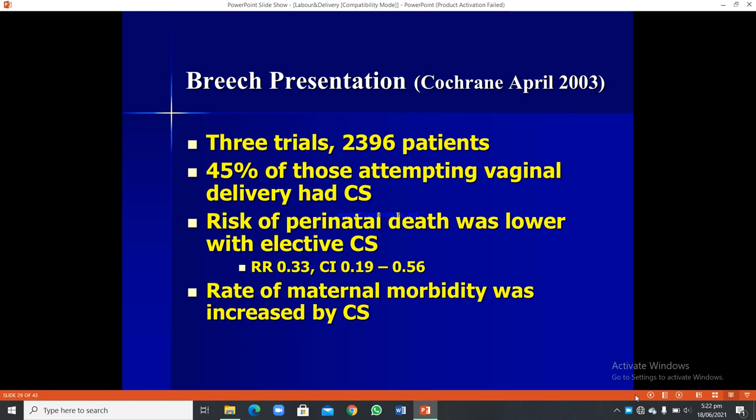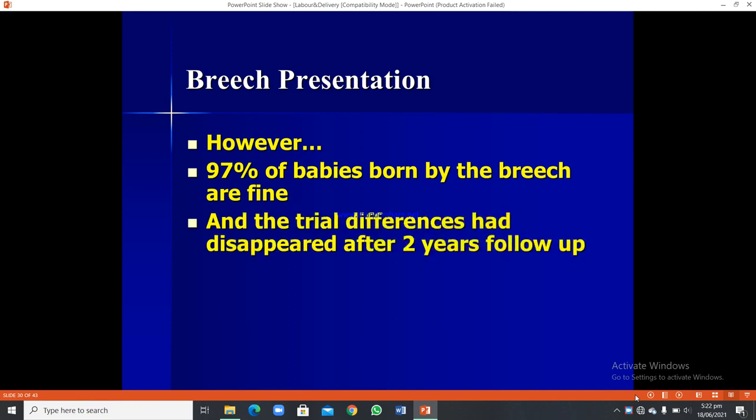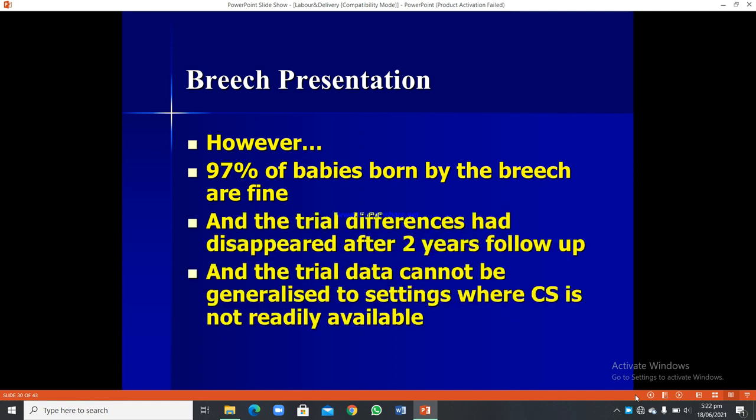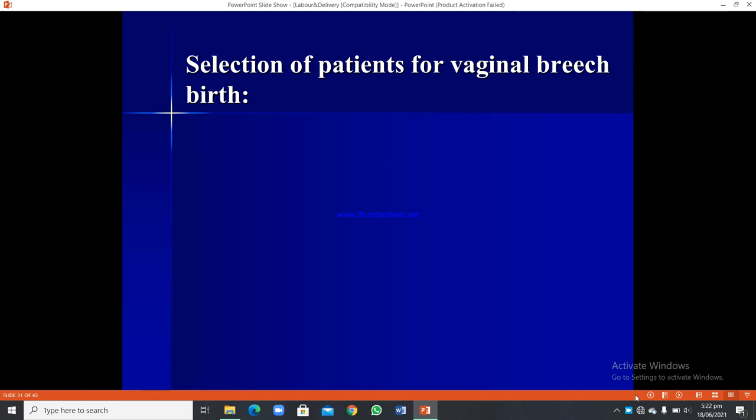Risk of maternal morbidity was increased by caesarean section. Breech presentation, however, 97% of the babies born by the breech are fine, and trial differences had disappeared after 2 years follow-up. And the trial data cannot be generalized to settings where caesarean section is not really available, provided that breech delivery skills are maintained.